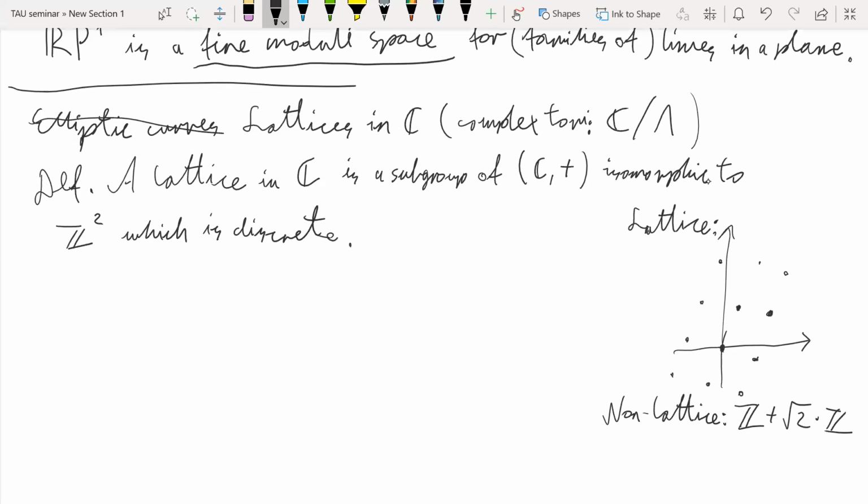And in what way am I interested in those? If I were interested in just lattices as they are, then the classification problem would not be terribly difficult. There would be some things to do, but it wouldn't be all that interesting. But I am interested in them up to homothety.